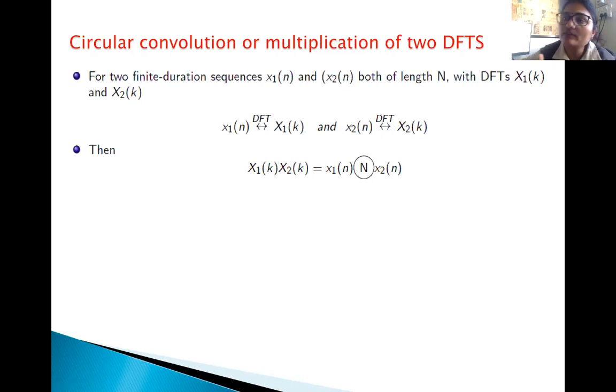The first is called linear convolution, and the second is called circular convolution. What is the difference? In linear convolution we used a linear scale, and now in circular convolution we will be using the circular representation of the sequence. That is the biggest difference between linear convolution and circular convolution.